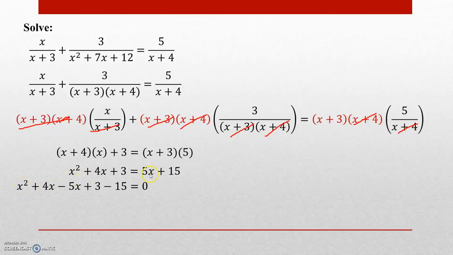Nilipat ko si 5x sa kabilang side, kaya naging negative 5x. Then, plus 3. At nilipat ko din si 15, kaya magiging negative siya dito. Equals 0. So, let's simplify that. We have x squared. 4x minus 5x equals negative x. Then, 3 minus 15 equals negative 12.